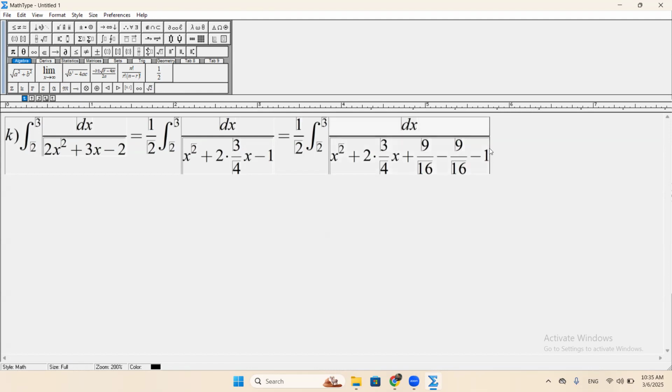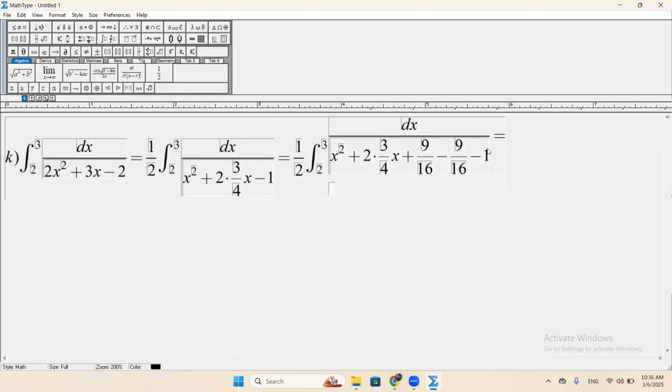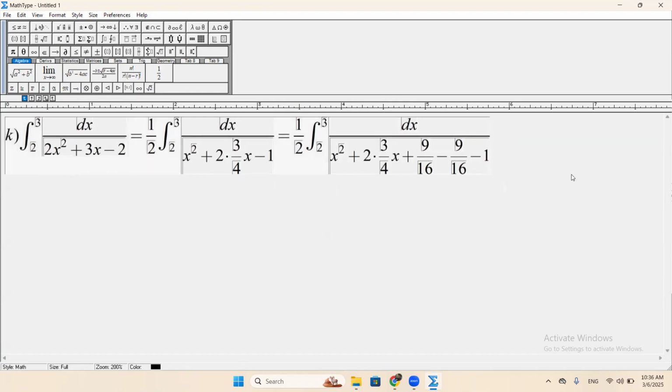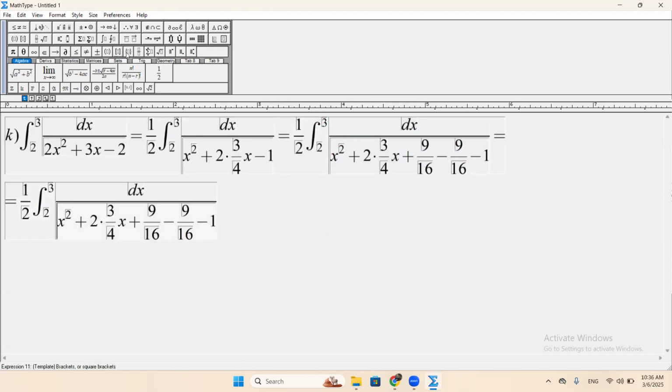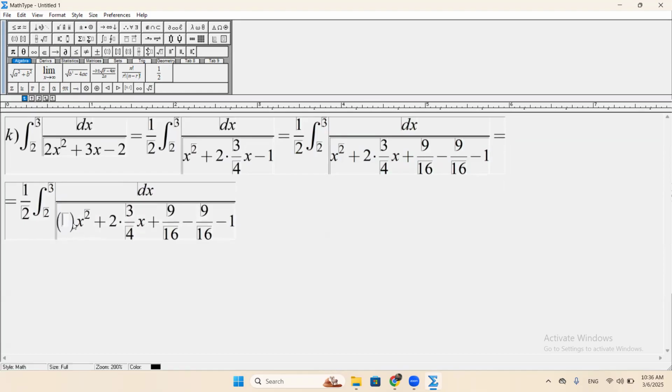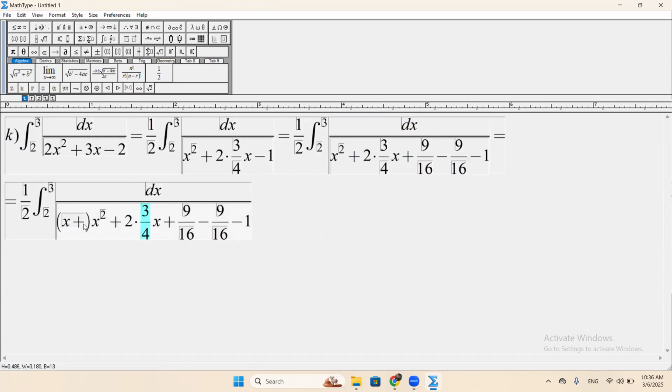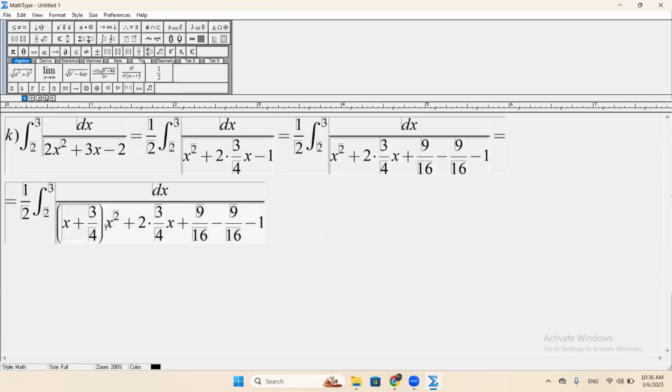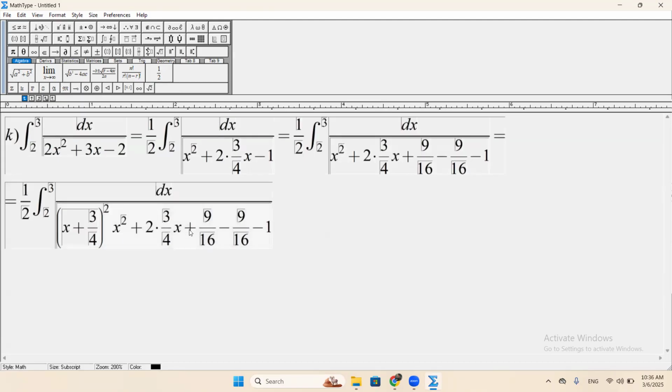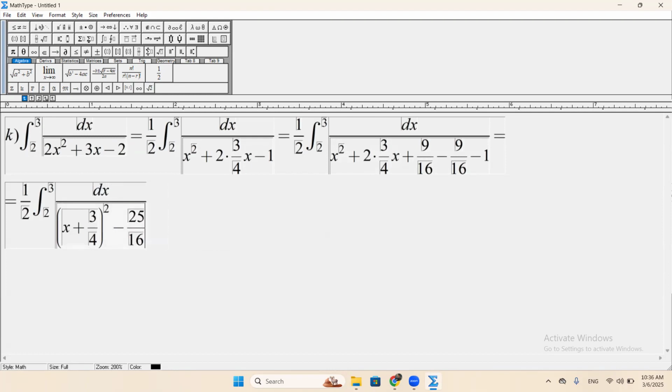So then let's collapse it. So let's factorize. So what do we receive here? x plus 3 over 4 in power of 2 and minus 9 over 16, so minus 25 over 16. So that's what we have.